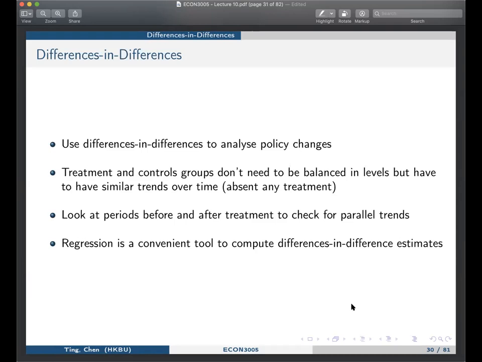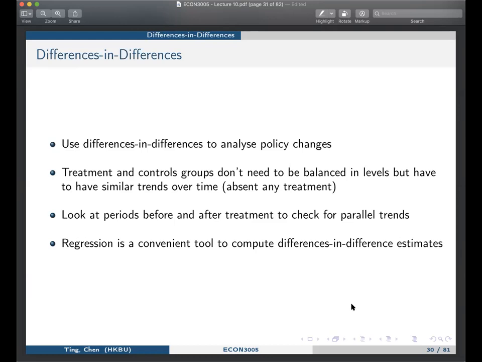They don't need to have the same mean outcome before the treatment. Now we relax this assumption a little bit. We only require that they have a similar time trend or growth over time.